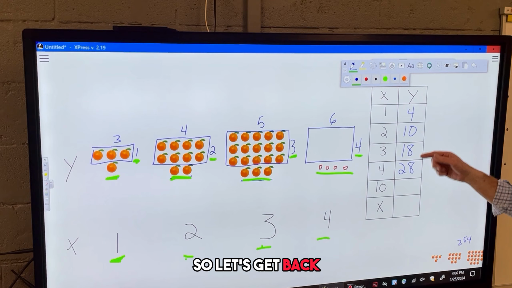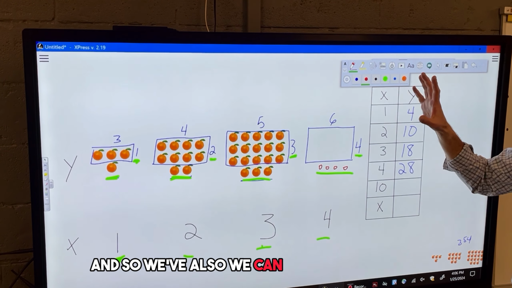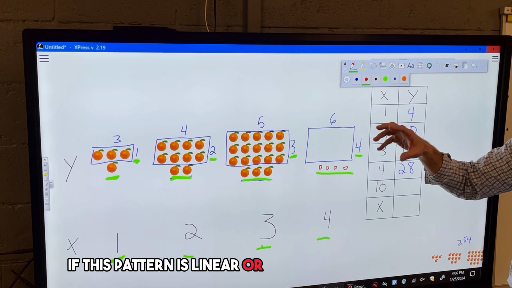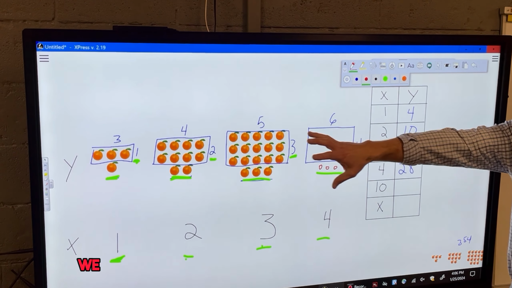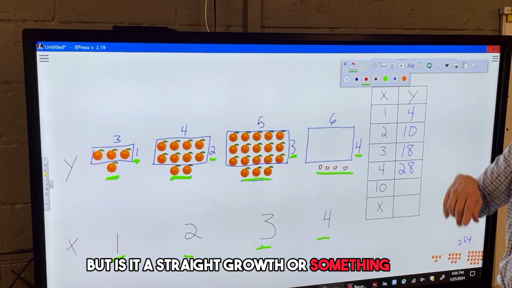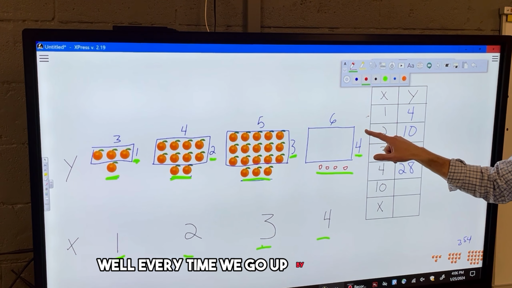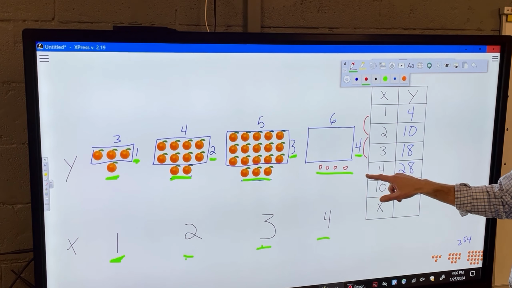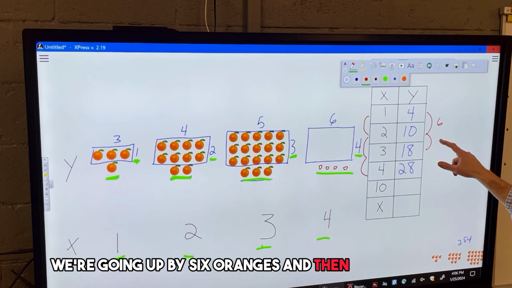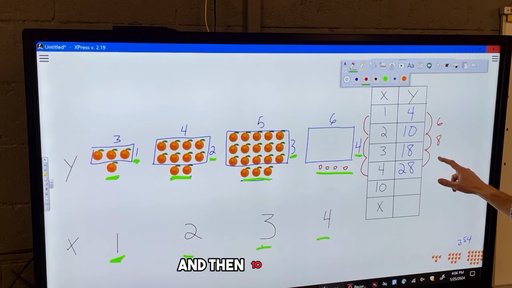So let's get back. We can try and determine if this pattern is linear or not. We know that the number of oranges is growing, but is it a straight growth or something else? Well, every time we go up by 1 iteration, we're going up by 6 oranges, and then 8 oranges, and then 10 oranges.